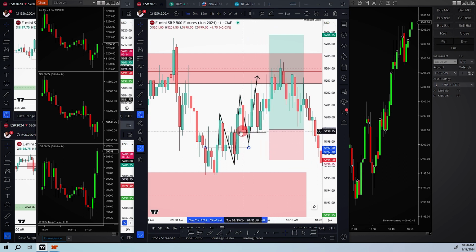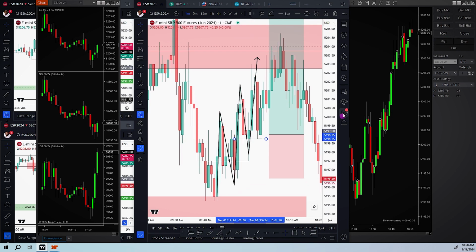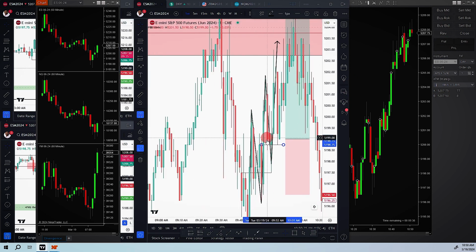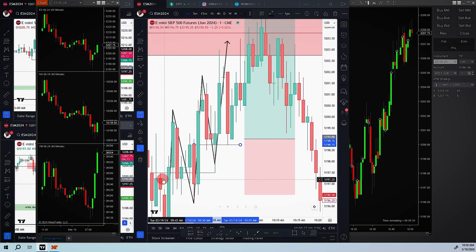That's why I was trying to get long at 51.9875. And since I anticipated it to go to the tick, because if you notice on all these, they've been going to the tick of the opening price, I front ran it by one tick because I know if it comes to the tick, I may not get picked up.